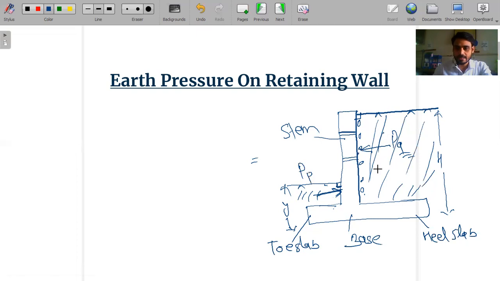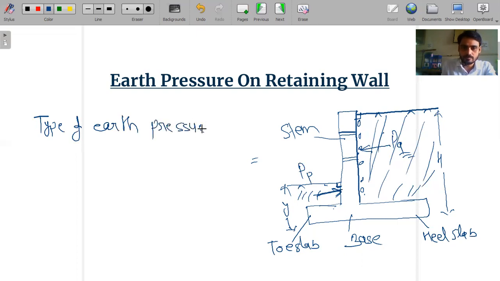So here we can analyze that active earth pressure is the disturbing pressure which will create disturbance on the retaining wall, and passive earth pressure is a stabilizing, resistive pressure, which will stabilize the structure. So it will always act in the opposite direction to the active earth pressure, right? So if we talk about the types of earth pressure on retaining wall, there are two types of pressure we will consider.